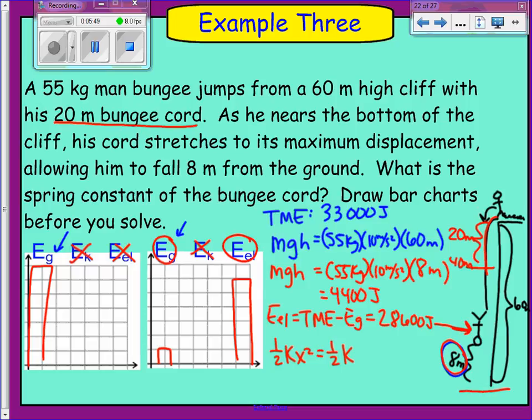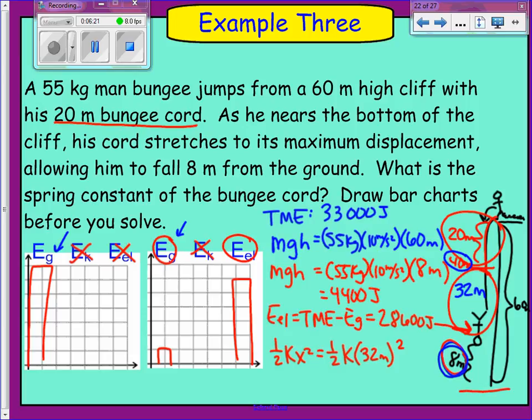So if the bungee cord is unstretched during this part, and it's only during this part that it stretches, we can take the difference between 40 and 8 to figure out how much it stretches. And so 40 minus 8 gives us that the bungee cord stretches an additional 32 meters before it stops the man. So 32 meters is going to be my x, and don't forget to square that.